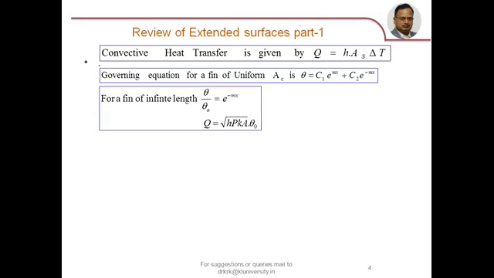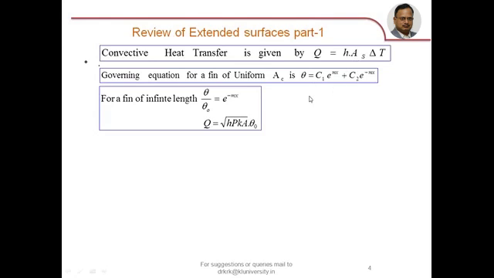This is an assumption which we will consider when the length by diameter ratio or length by thickness ratio of a fin is very high, maybe greater than 20 or so. Under such a condition, we will get the second boundary condition as at x equal to L, as L tends to infinity, the temperature of the fin at the end is equal to that of the surrounding temperature.